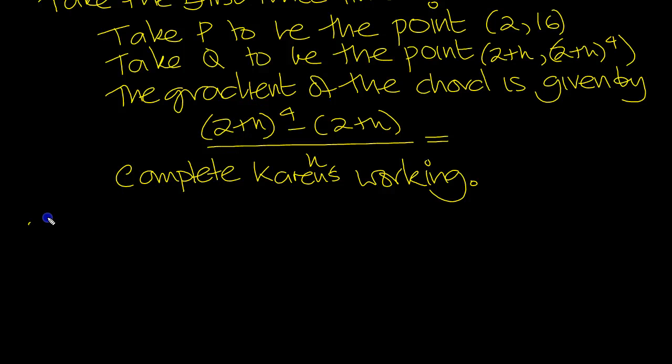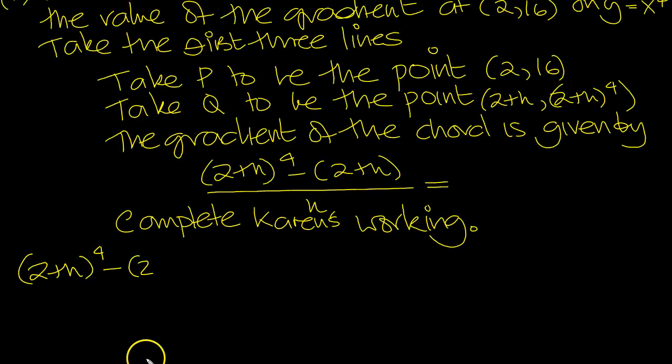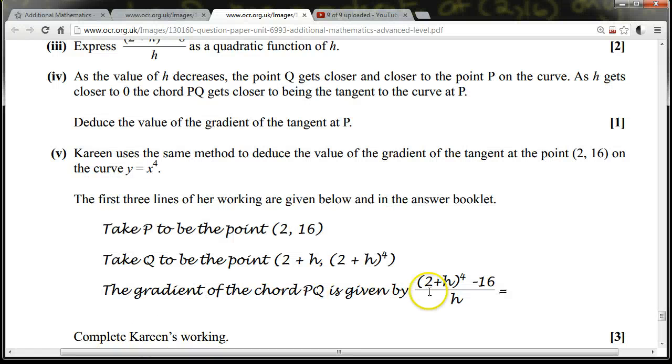So 2 plus h to the 4 then, minus the 2 plus h, minus, I'm just going to go back to question 4 in the question to check I've written it correctly. Minus the 2 plus h, minus 16.